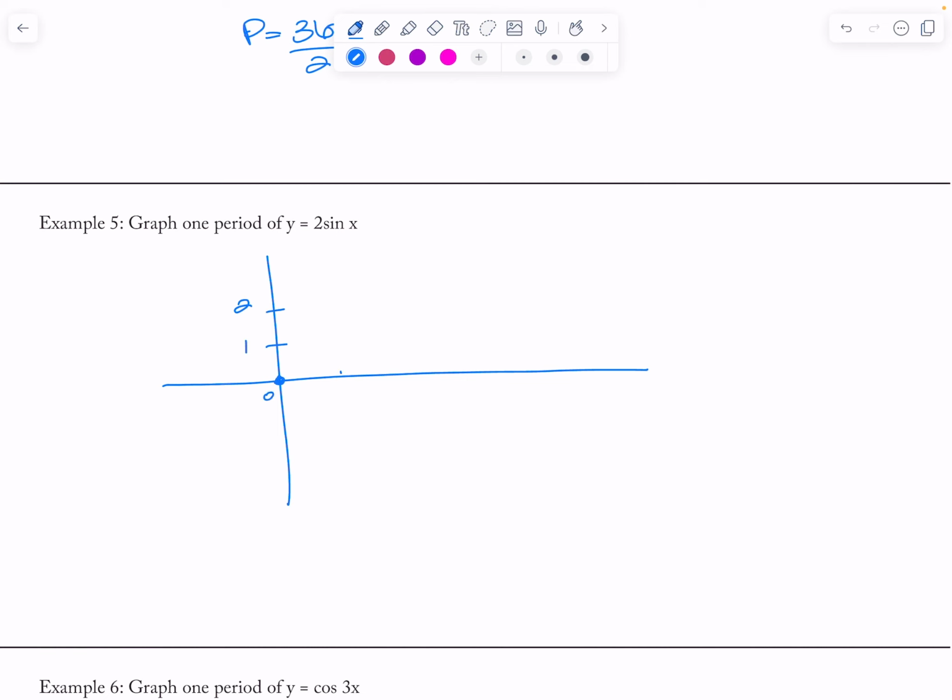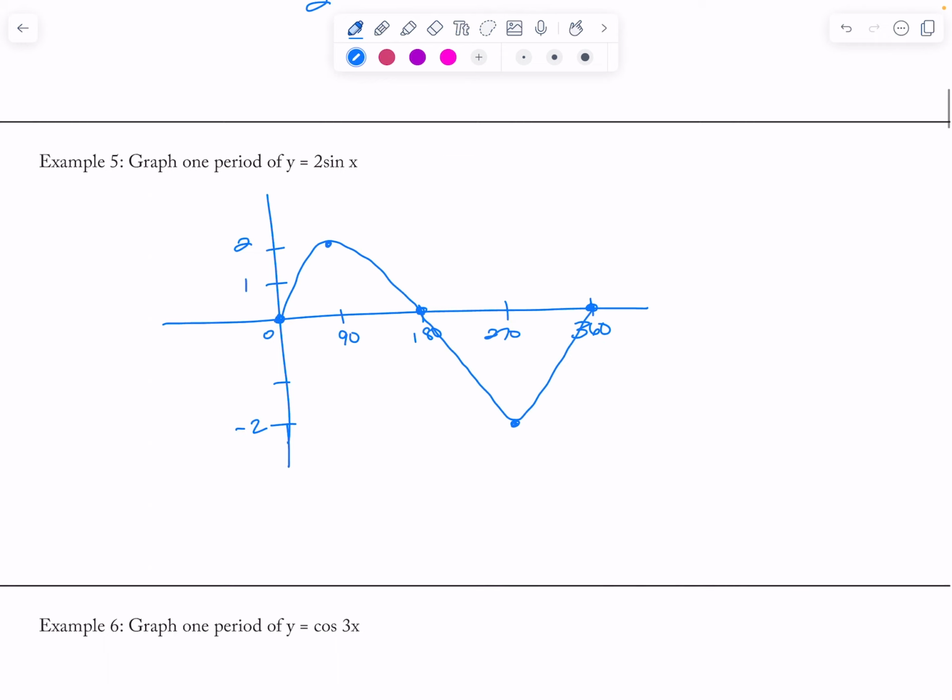So this is 0, 90, 180, 270, and 360. And I expect you guys to mark your x and y axis. So I'm going up to 2, down to 0, down to -2, back up to 0. And so that is what one period of sine looks like.